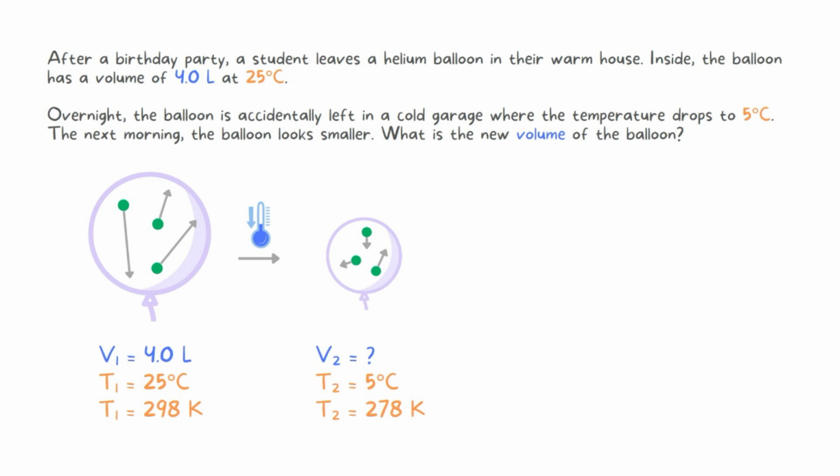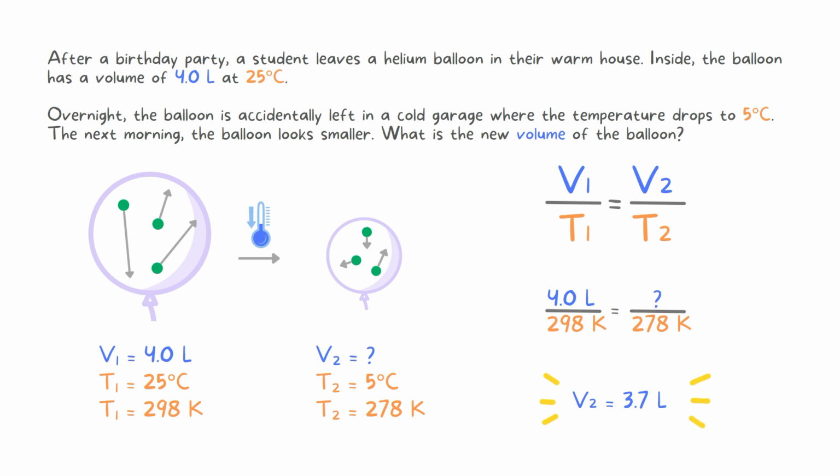Cooling it down causes the volume to decrease. So we can use V1 over T1 equals V2 over T2, and then if we plug in all of the variables and solve for V2, we get 3.7 liters. Remember, for this equation to work, we need to convert to kelvins, and the number of particles and the atmospheric pressure need to be held constant.